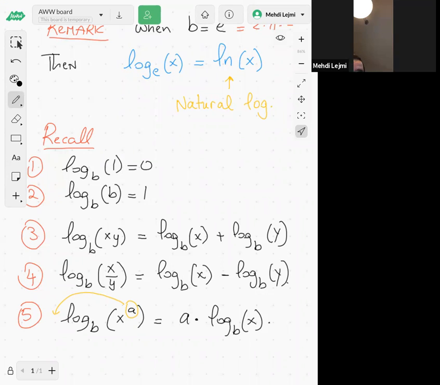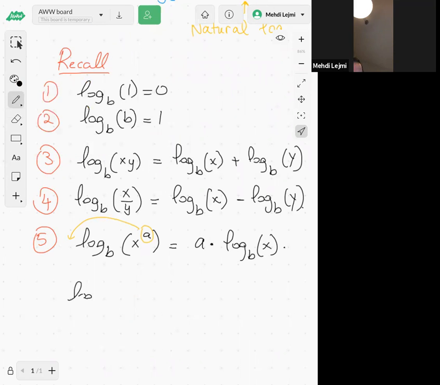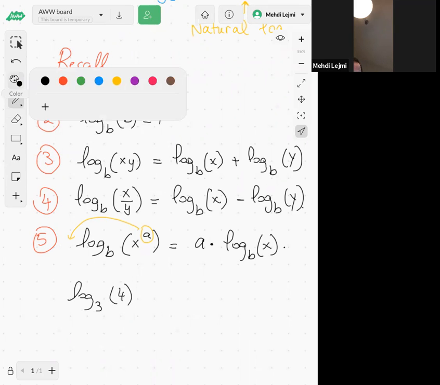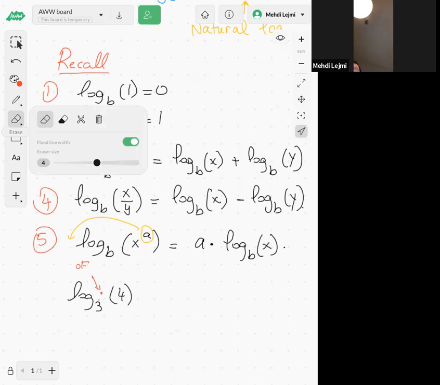And as I said, guys, I know this is a common mistake. When I say log in base 3 of 4, first, this is not a multiplication. I'm not multiplying log by 4. The space here means log of 4.